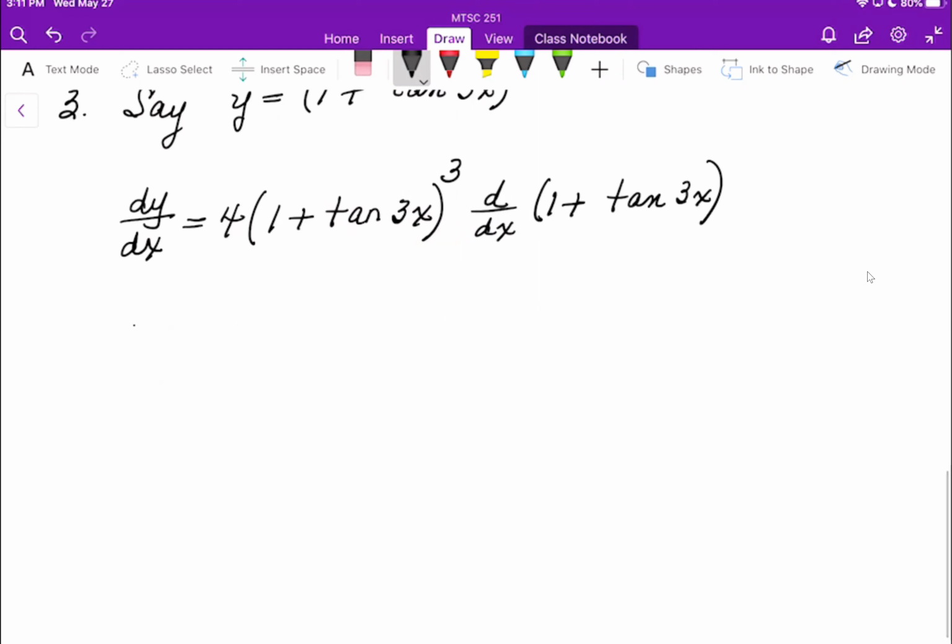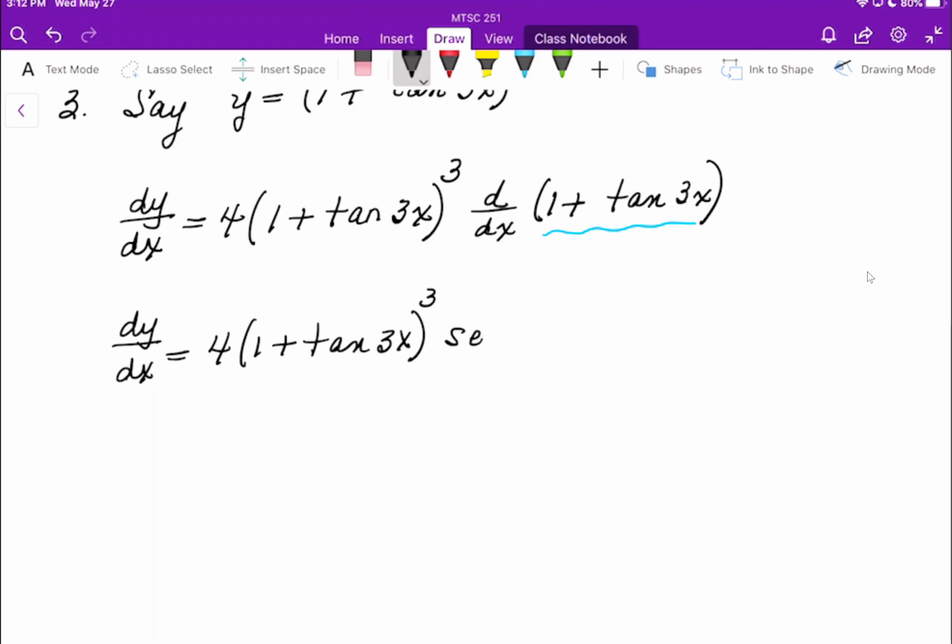So now we get dy/dx is 4 times (1 + tan 3x) cubed. And now we need to take the derivative of this quantity. And the derivative of the tangent is the secant squared of 3x, because the derivative of 1 is 0. So now we've taken the derivative of that, but we still have to take the derivative of the inside of the tangent function.